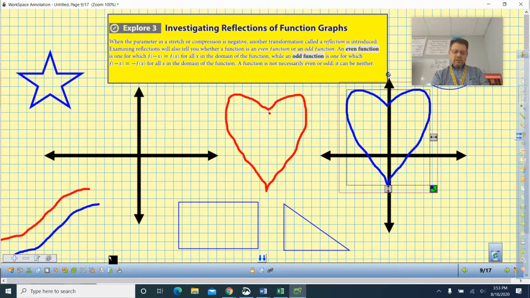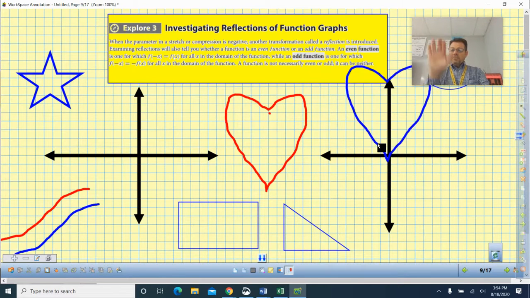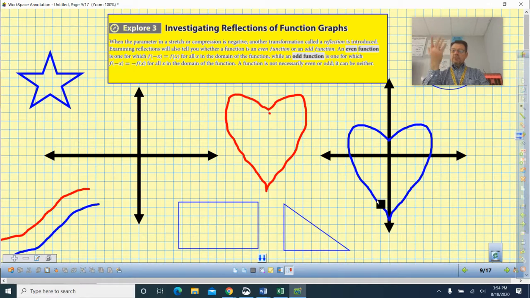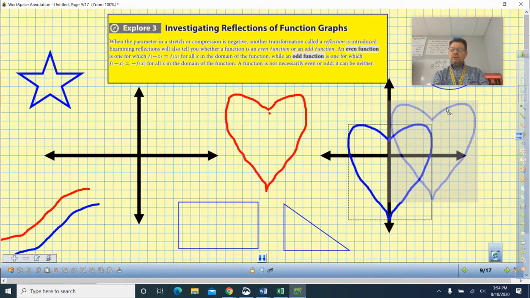Okay? So that means I could probably just grab this little heart and put it up here. That'll flip fine. What if I grab it and pull it down here? Well, that's going to flip fine too. So all those are good. But what happens if I take my heart and move it over here?